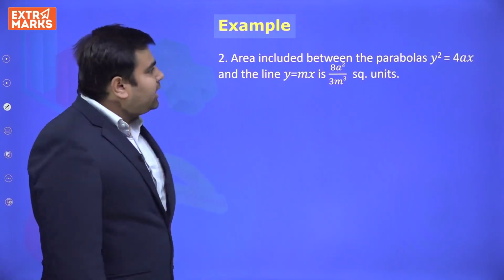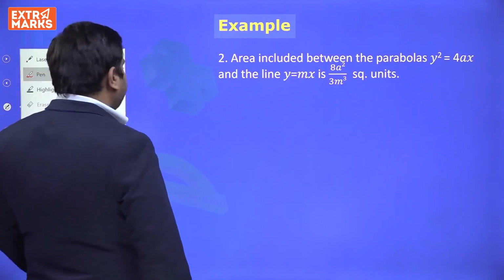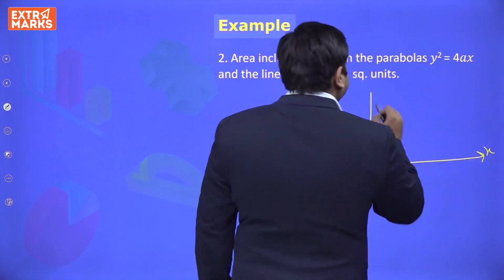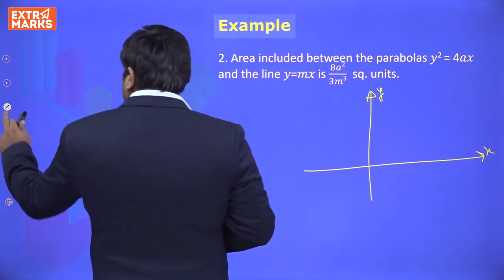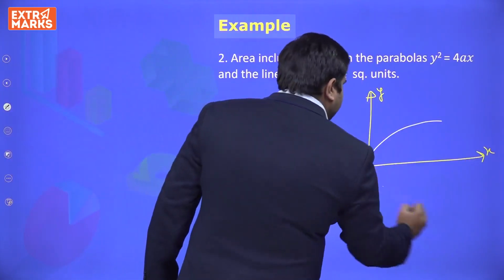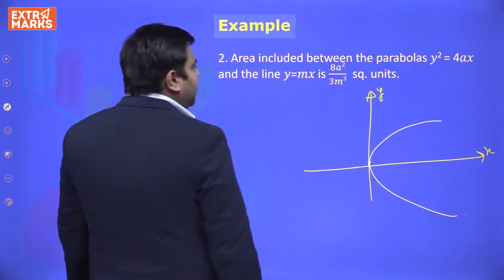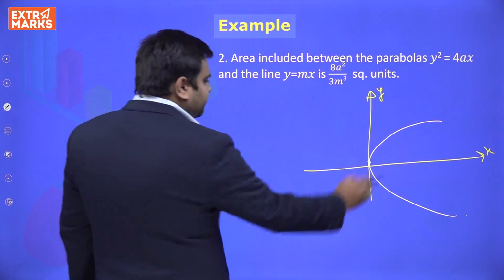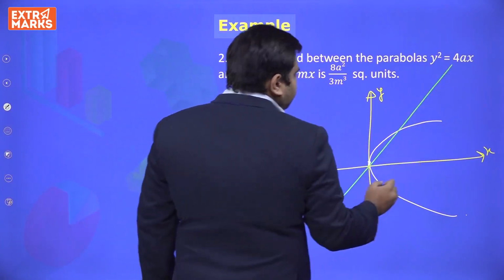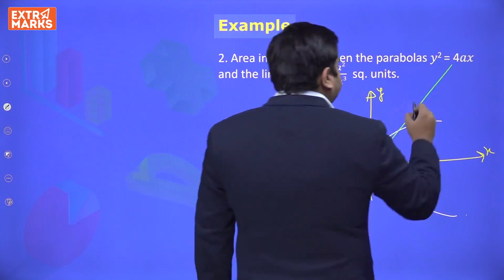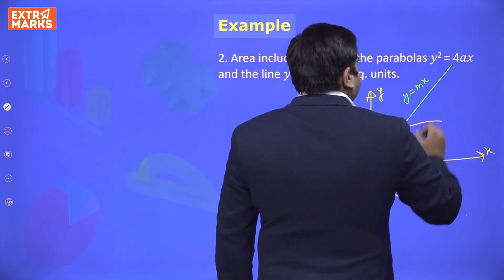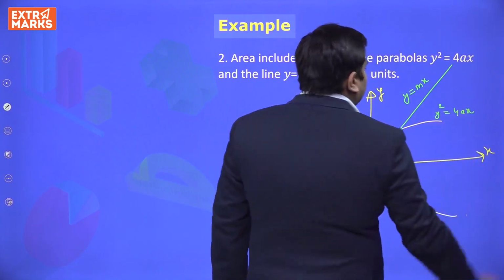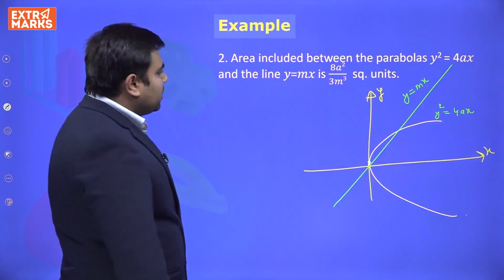Next, area included between the curves y square equal to 4ax and the line y equal to mx. So this is y square equal to 4ax and this is the line y equal to mx, right? So what will be that area?